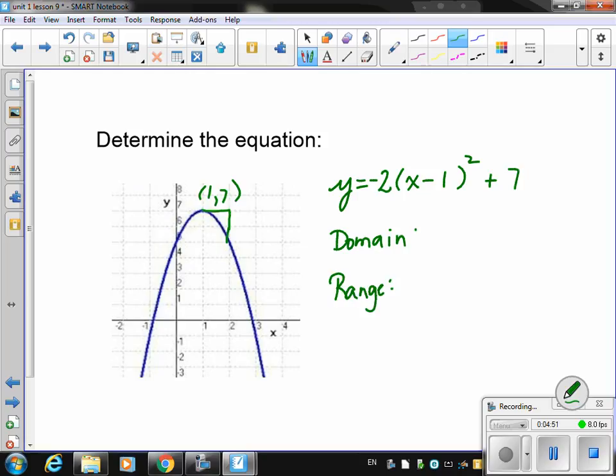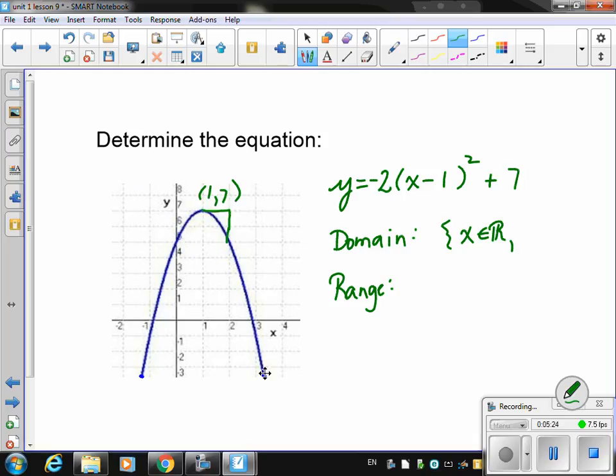My domain is the acceptable x values. X goes on and on forever in a normal parabola. This one, however, has an ending spot right here and right here. So it doesn't go forever left and right. It has a smallest value to the left and a largest value to the right. So if I'm going to write my domain, I need to say x is a real number.